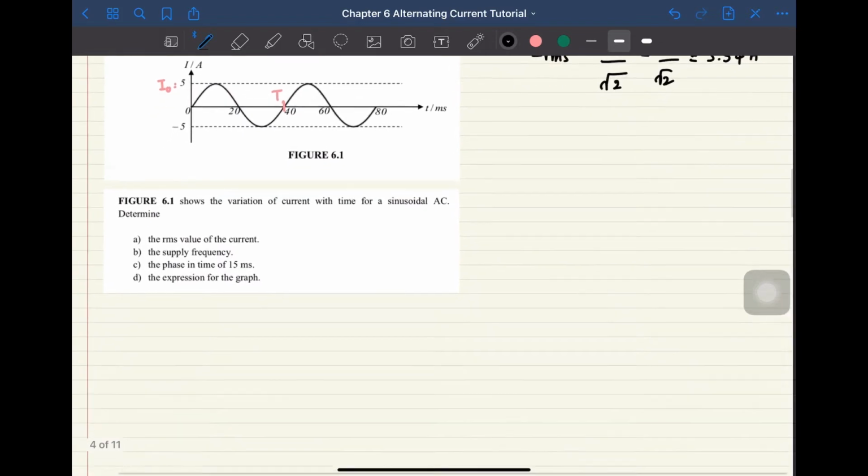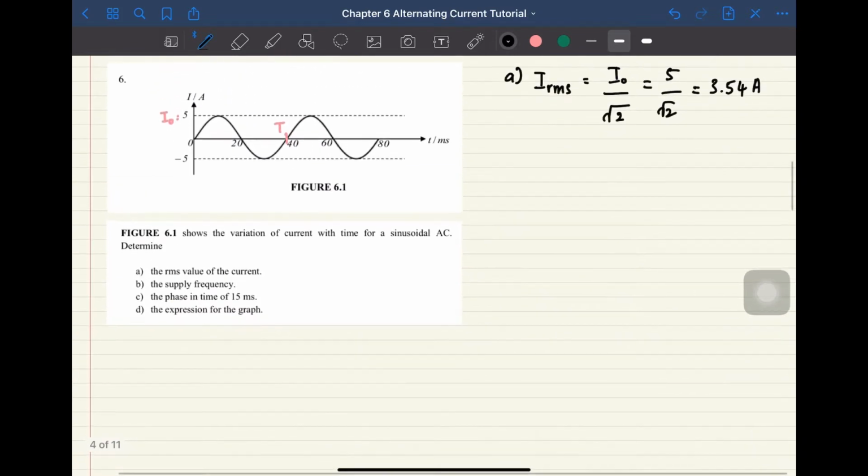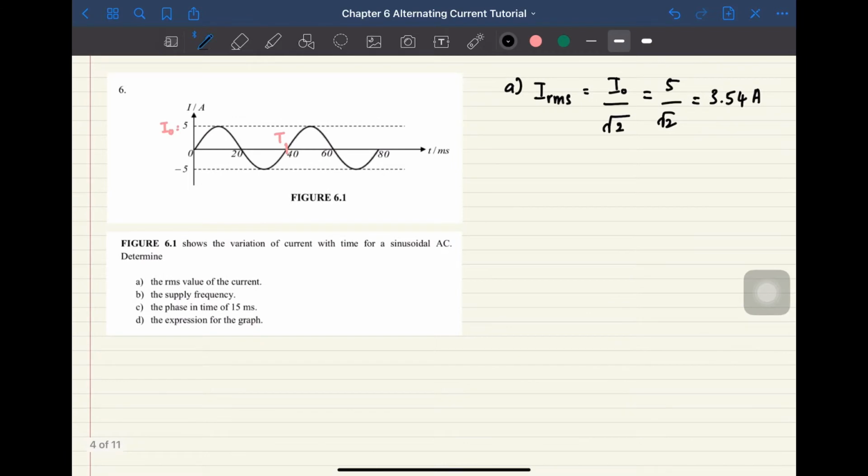Okay, question number B, the supply frequency. So this is the period, which is 40. Don't forget this one has a unit, millisecond, so it will be 40 millisecond, which equals 40 times 10 to the power of negative 3 seconds.